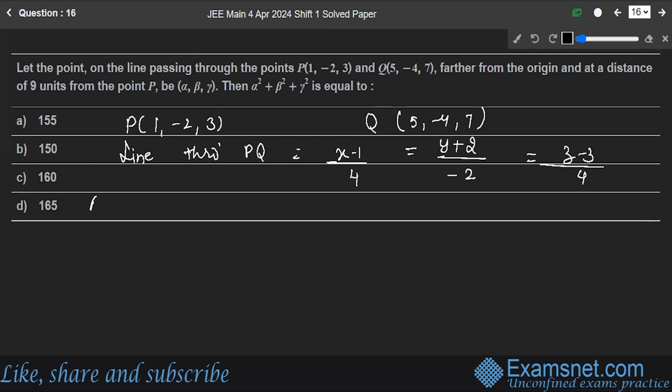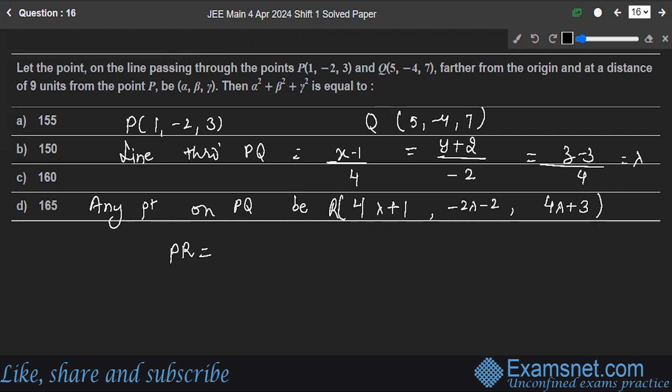So any point on PQ, let's say R, which is equal to lambda, will be 4 lambda plus 1, minus 2 lambda minus 2, and 4 lambda plus 3. So here you have this is R.